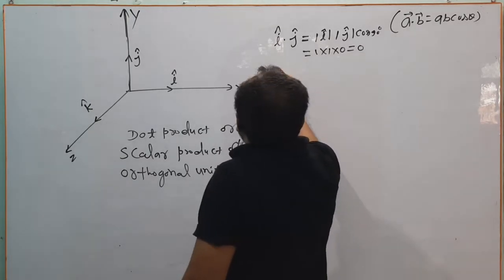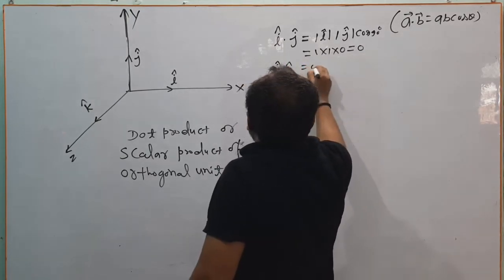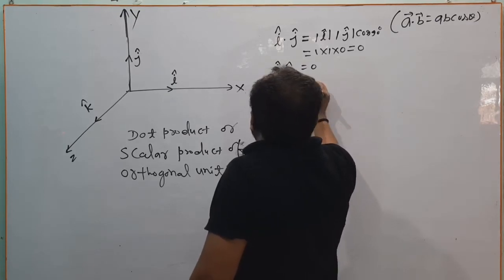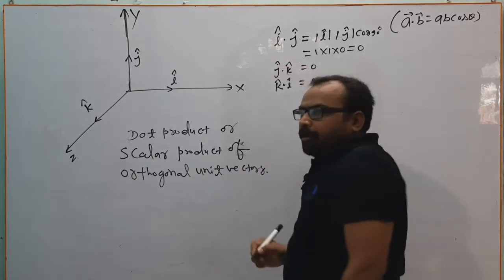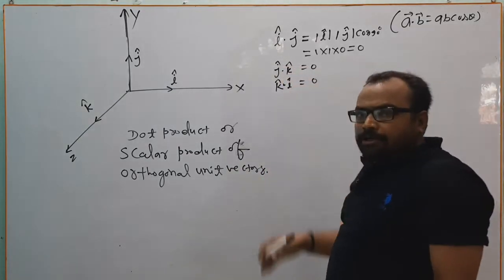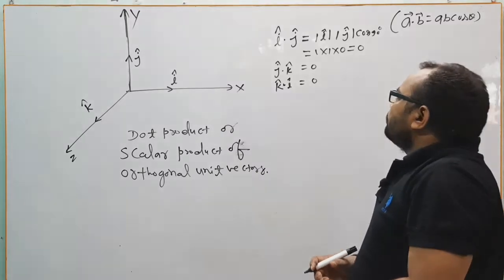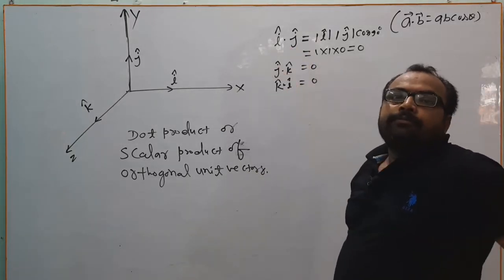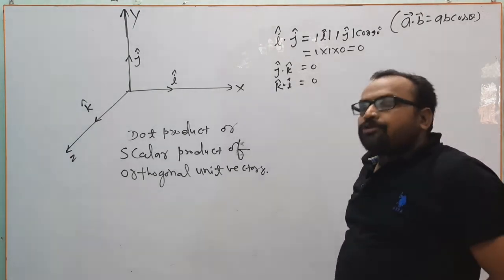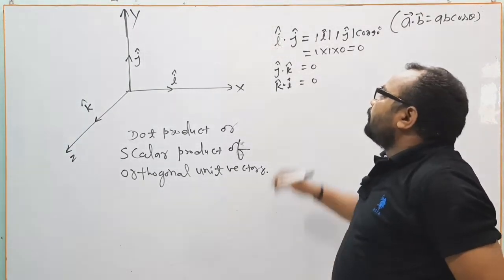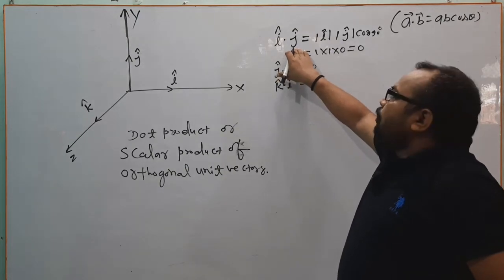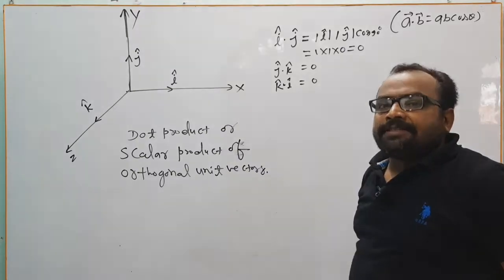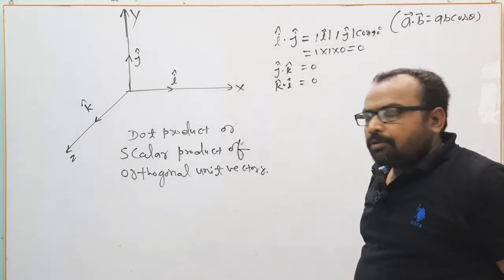Similarly, the dot product of j dot k will be 0 and k dot i will be 0, because the angle between these two different unit vectors is 90 degrees. If the order of these two unit vectors is changed, the result will be the same.